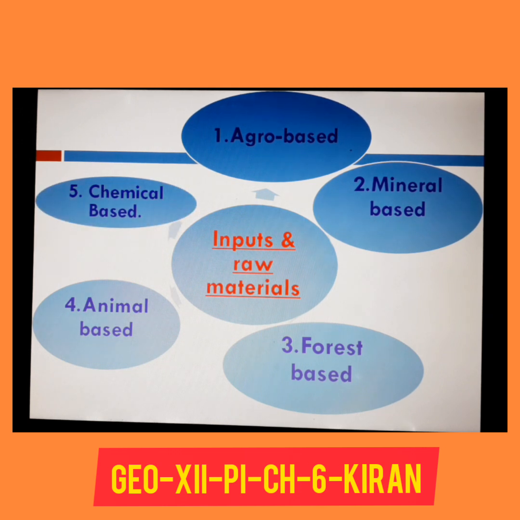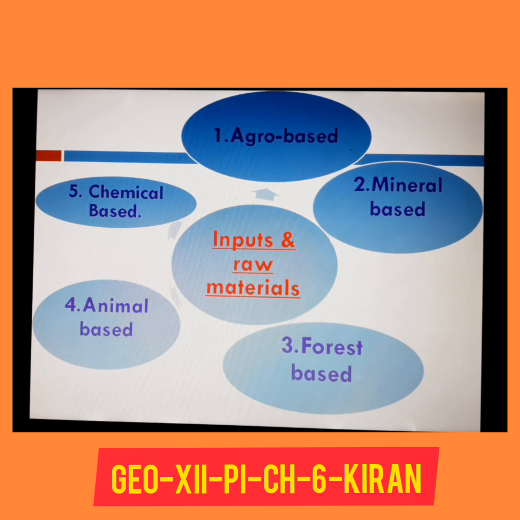Next, we have chemical based industry, where the raw material is different types of chemicals. The mineral oil, petrochemicals, potash, sulfur, and other liquid and solid, even gaseous chemicals are the raw materials in these types of industries. The important examples are the petrochemical industry, chemical fertilizer industry, and medicines industry.